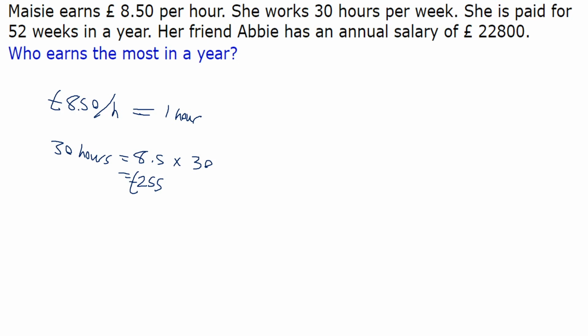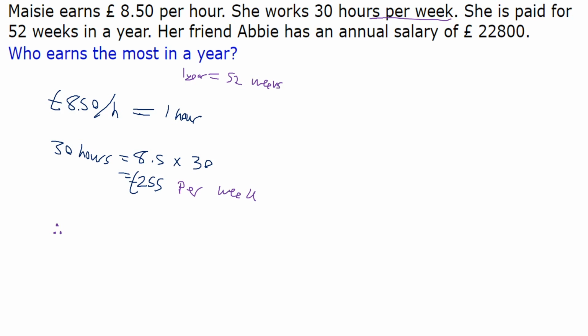Now, remember what we said here. This is per week. So therefore, this is also per week. And so therefore, in a year, how many weeks are there in a year? 1 year is equal to 52 weeks.